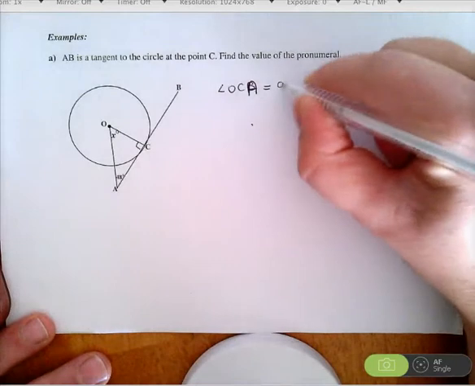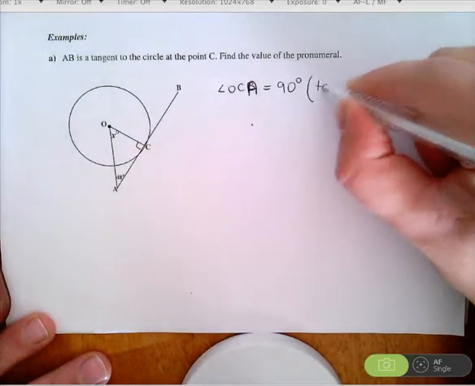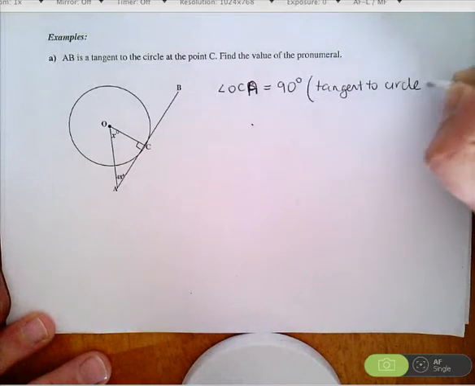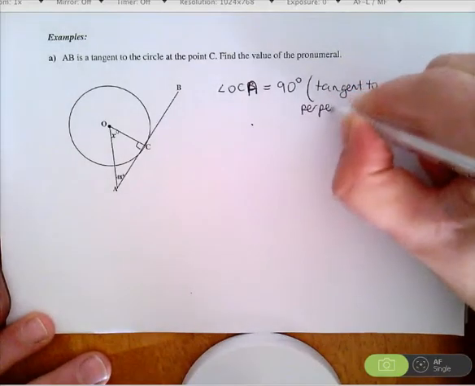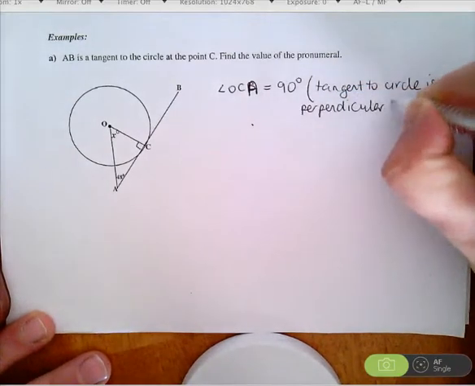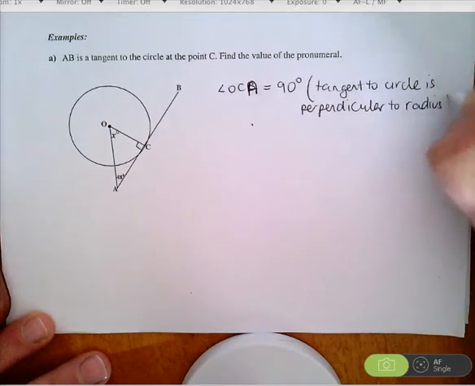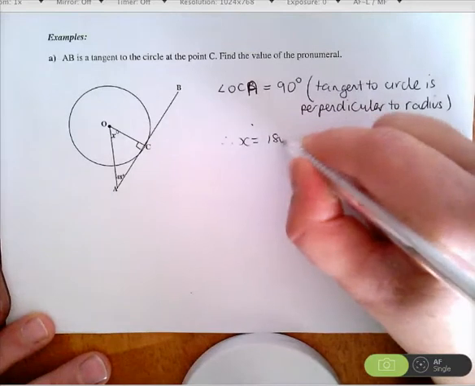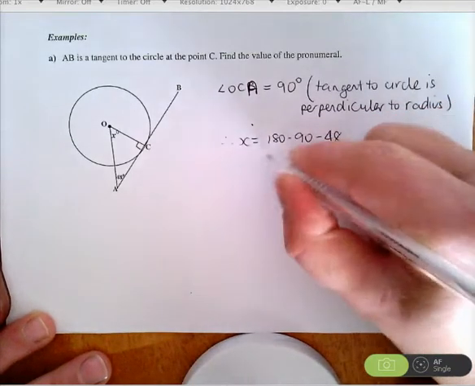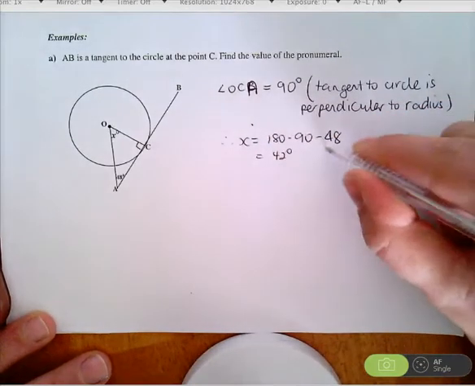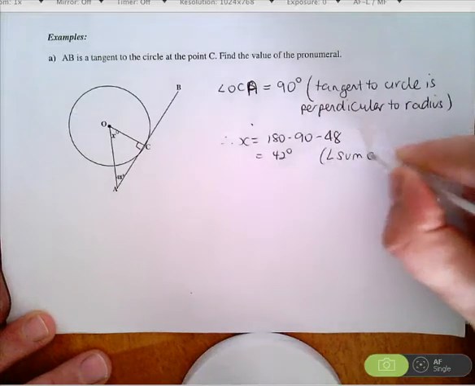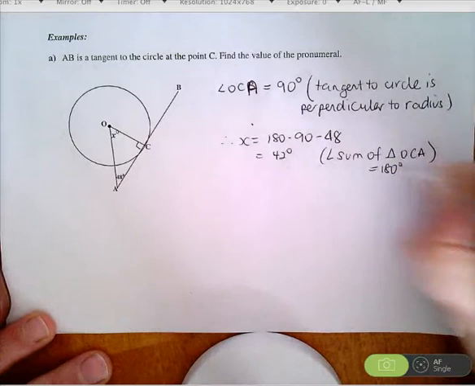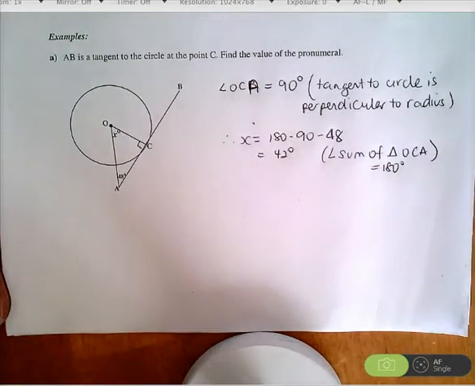So angle OCA equals 90 degrees, and the reason is tangent to circle is perpendicular to the radius. Okay, all right, and now we can just say, well, therefore x equals 180 minus 90 minus 48, which is 42 degrees, reason: angle sum of triangle OCA equals 180. Okay, and that's the first example there.